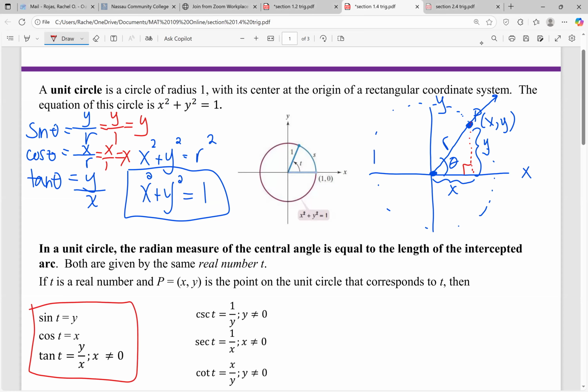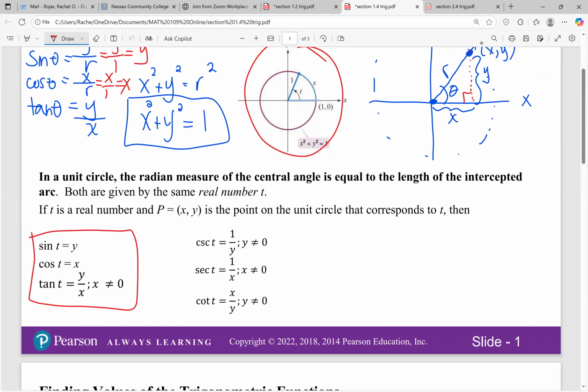So in this diagram, the angle measure and the arc length are given, a real number. So we're calling this angle t. The sine of t is equal to y, the cosine of t is equal to x, and the tangent of t is equal to y over x, where x can't be 0.